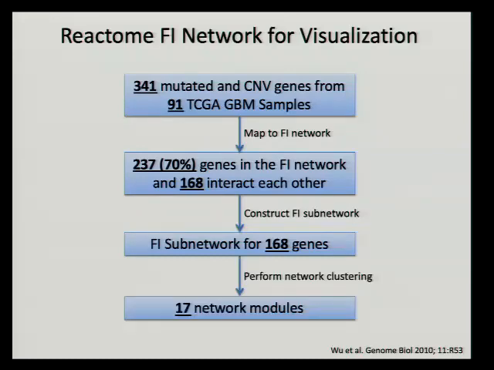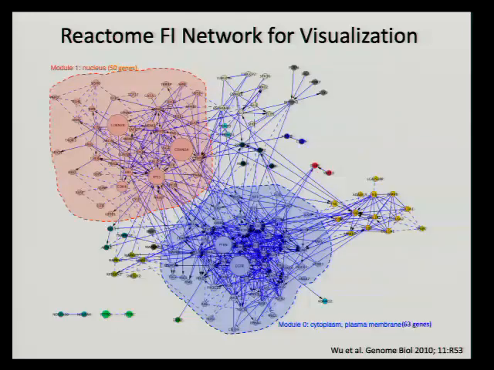After that, we do a network clustering analysis and found these two modules, and then we do pathway enrichment analysis and gene ontology enrichment analysis. We found that the first module is significantly enriched for genes in cytoplasm, plasma membrane, and cytosol. And this second module, which has 50 genes, is significantly enriched for genes in the nucleus.